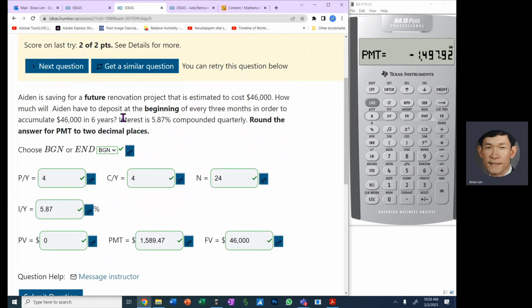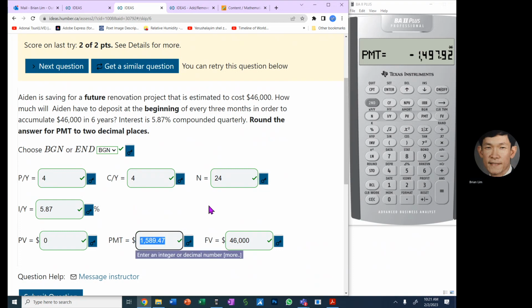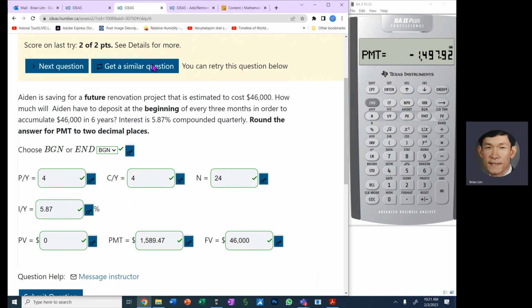This one was saying how much will Aiden have to deposit at the beginning of every 3 months. So you notice that the deposits are regular, meaning we do have a payment now. Previously, the payment was 0. But now we do have a payment, and these payments are quite regular.